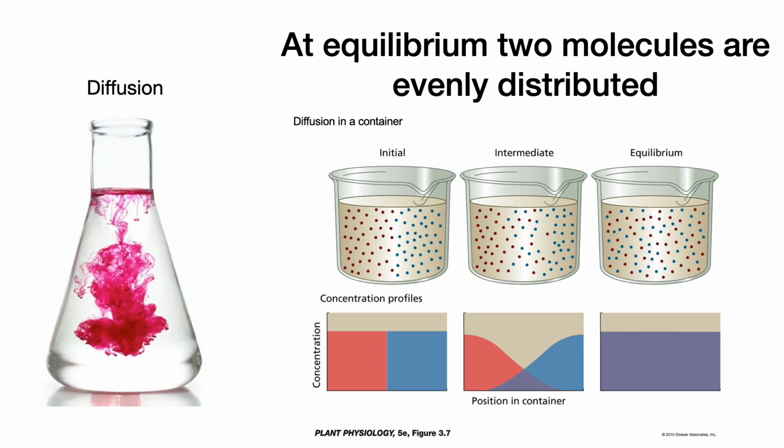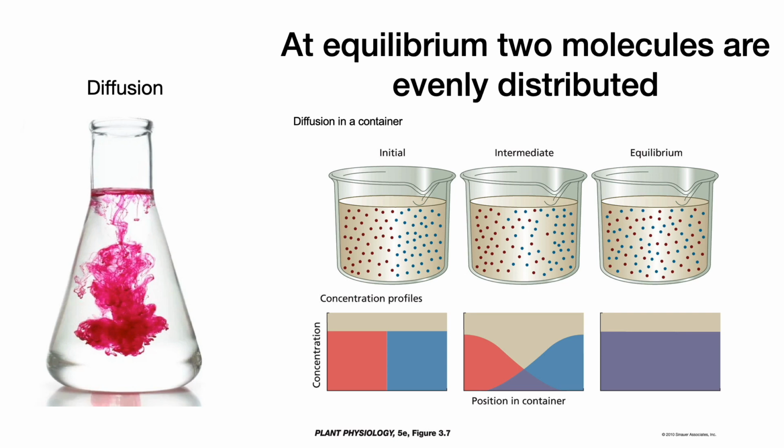There are small movements of molecules in any one given area, but there's never any net change in the concentration of those molecules. So diffusion is occurring when a molecule is moving from high concentration to an area of lower concentration of that specific molecule, independent of the other molecules that are present there.